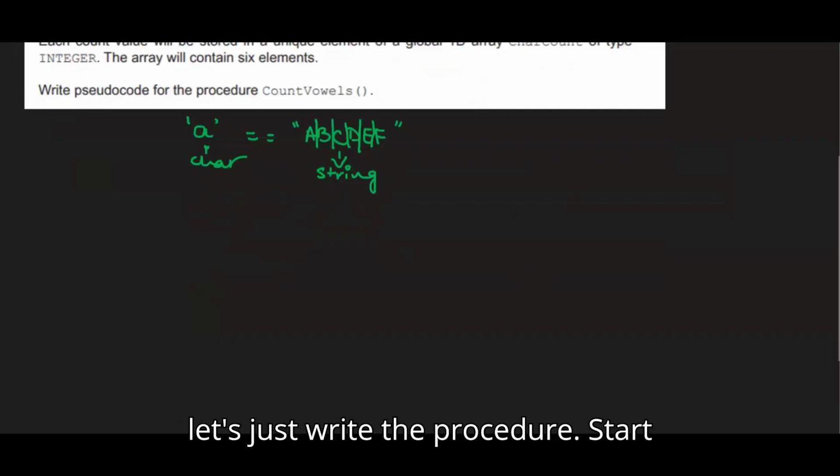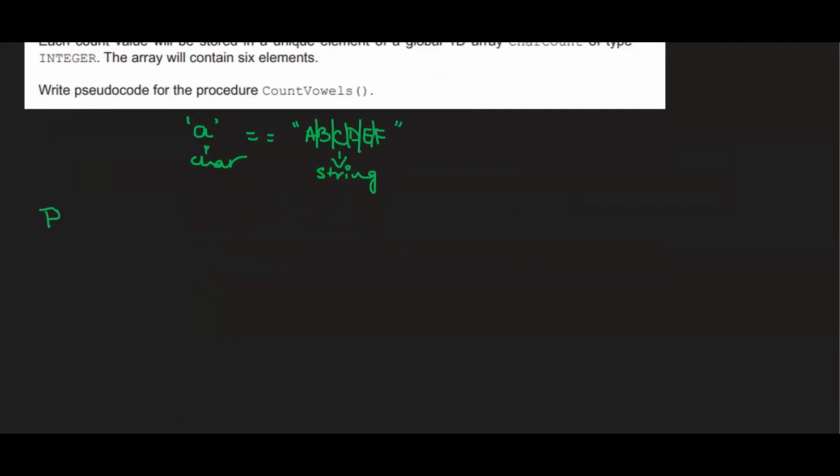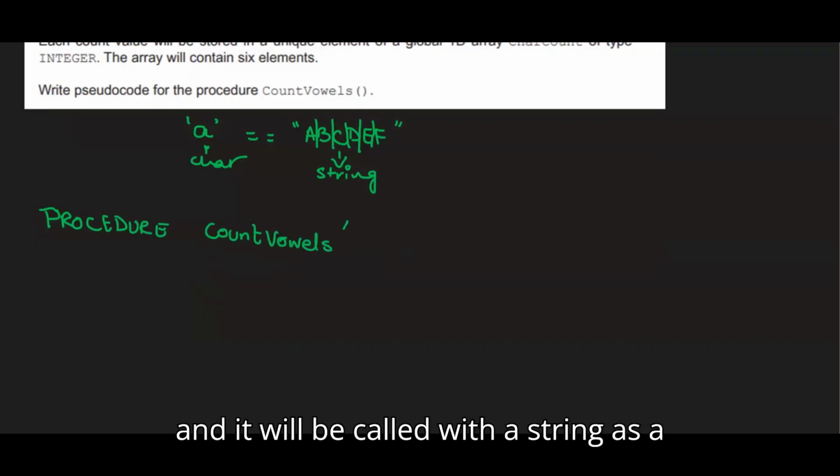So now let's just write the procedure. Start with a procedure heading. Procedure count vowels, and it will be called with a string as a parameter.